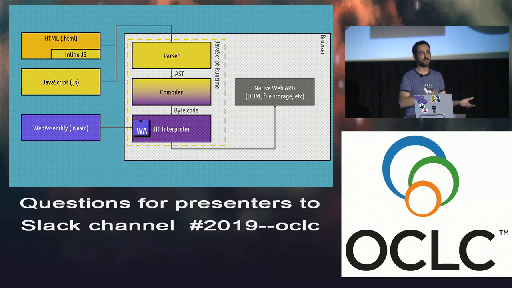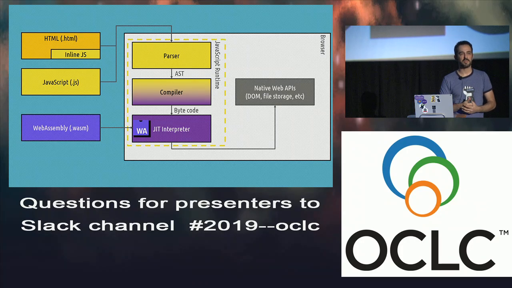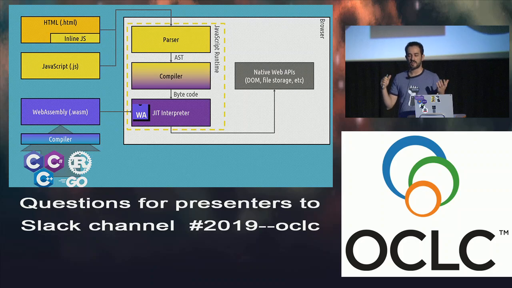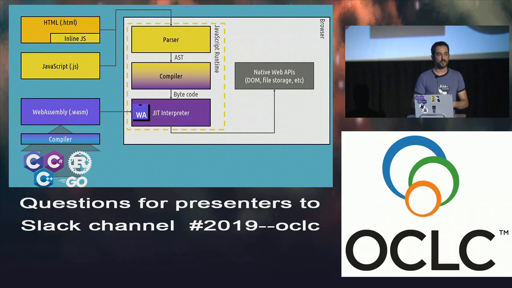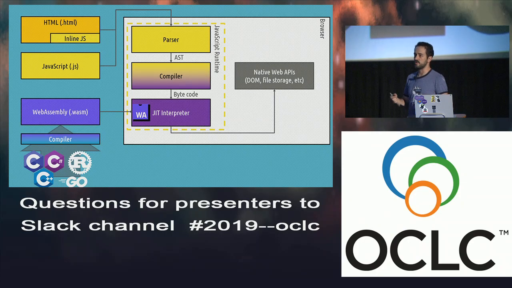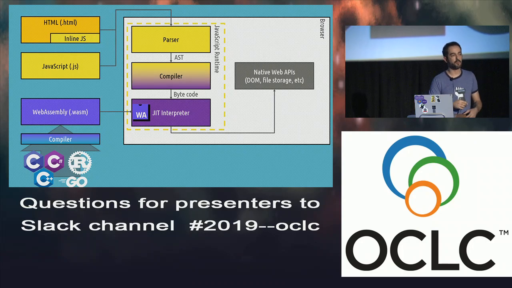So all of the optimization and everything has already taken place, and the browser doesn't need to worry about that either. It just decodes and executes. And it also opens up the ability for us to use many different languages. So we have C, C#, C++, Go, and Rust, and many others that can compile to WebAssembly.